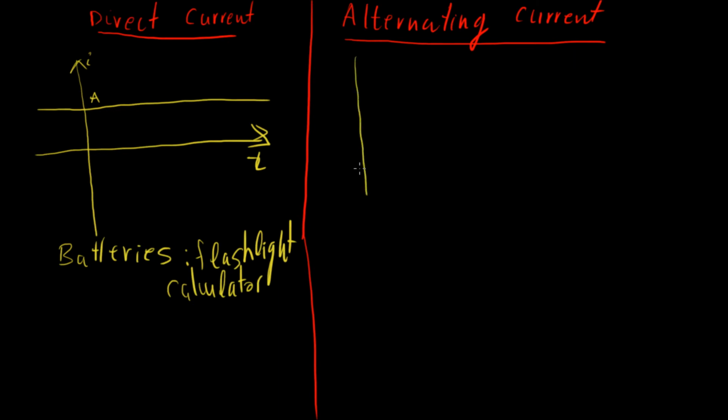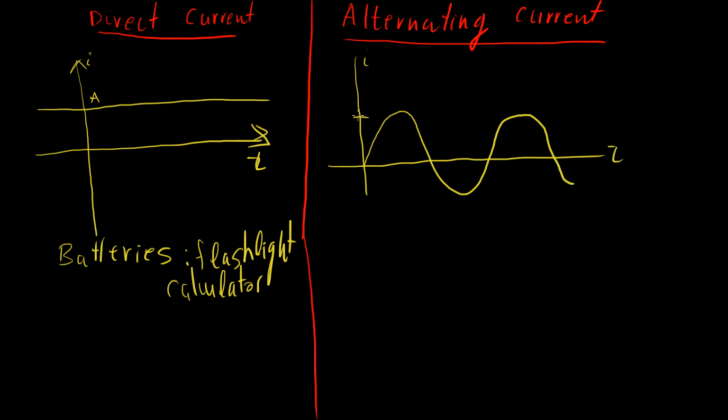Alternating current, however, looks something like this. It has a lot of forms, but typically they're all periodic. And the most common is the sinusoid, with a value of A here and say negative A here. And where this behavior is most commonly seen are in the wall sockets in your house.